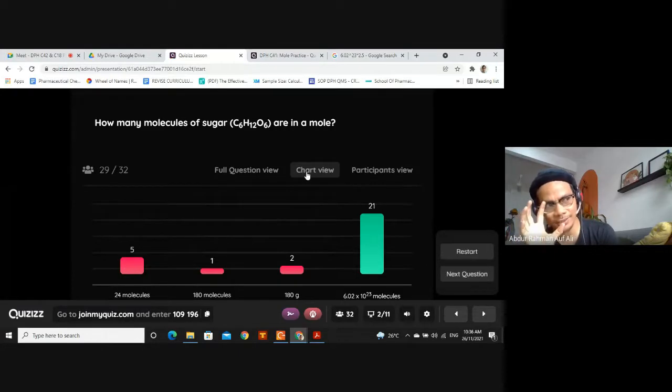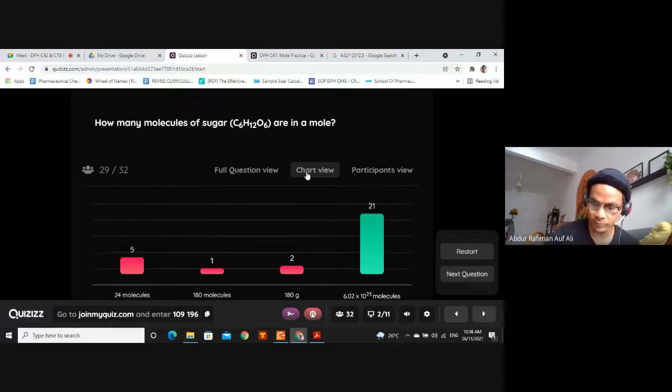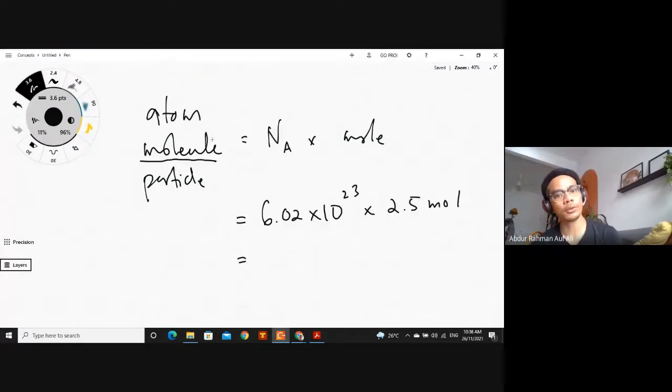So the trick, the tip untuk jawab soalan ini adalah kamu kena tengok what exactly it asks. Kalau nak tahu bilangan molekul, kamu kena tahu these two things, Avogadro constant dan juga bilangan mole.